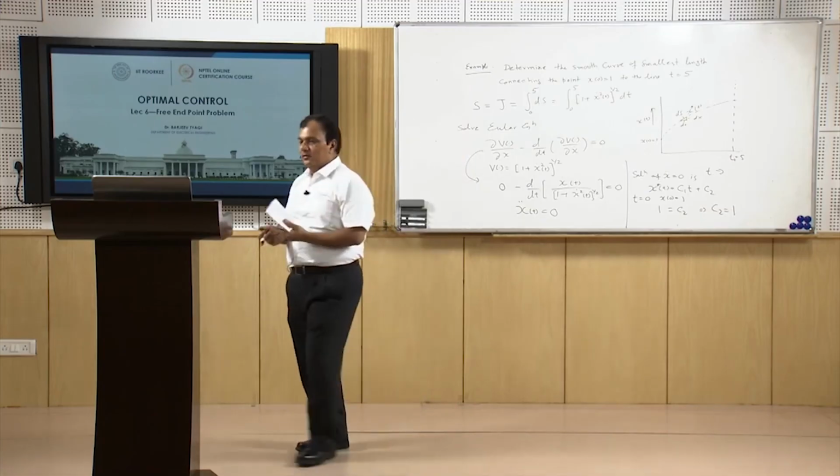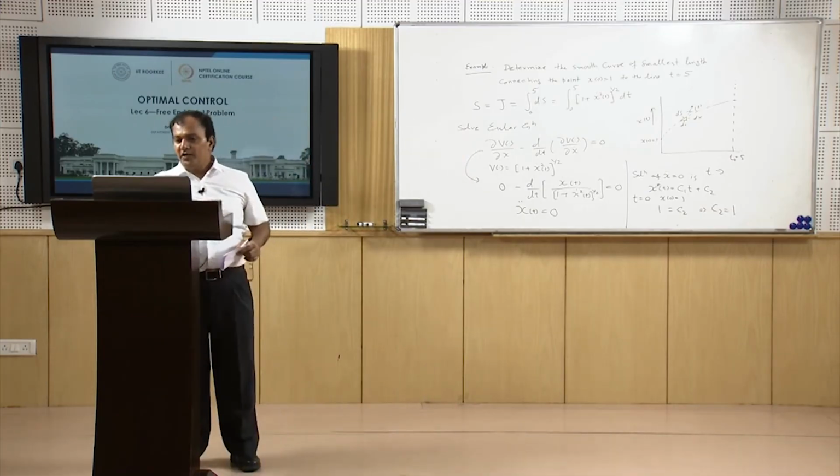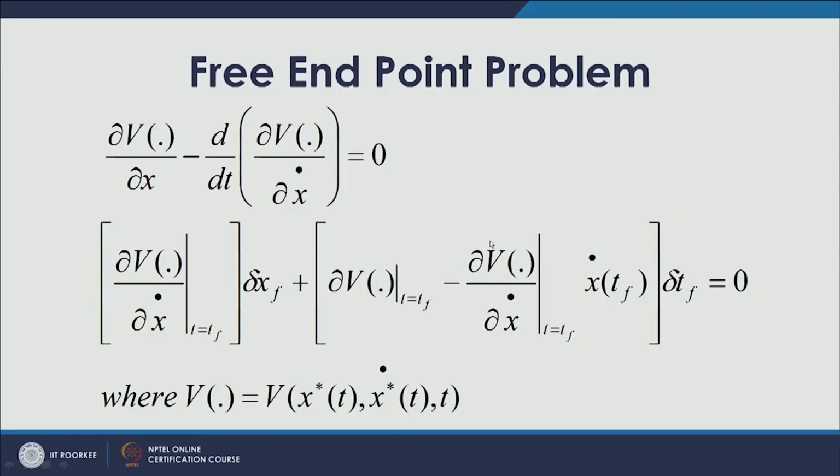So, in this case what is my terminal condition? My delta x(tf) is free, so del V by del x dot at tf must be equal to 0.